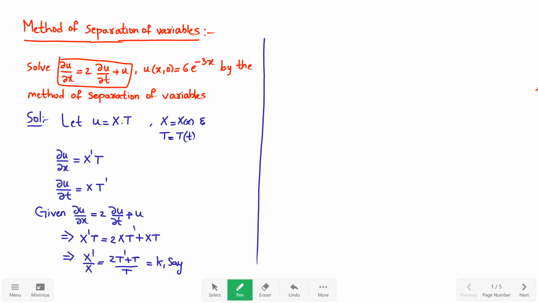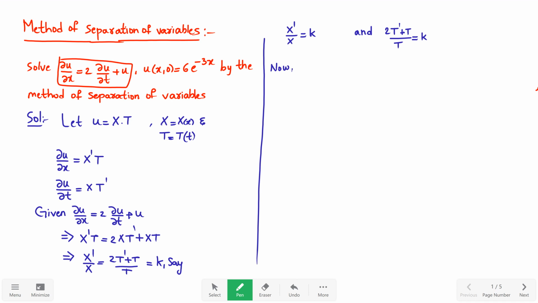Then we get the two ordinary differential equations, X'/X = k and (2T' + T)/T = k. Now we have to solve these two ordinary differential equations.